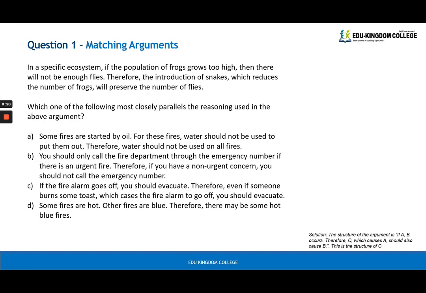First question was a matching arguments question. Remember, for these ones we want to replace the replaceable words, the juice of the question, with letters. Then we are left with the skeleton or the outside structure, which we can then compare with the options. So in a specific ecosystem, if the population of frogs grows too high, if A happens, then B will happen.